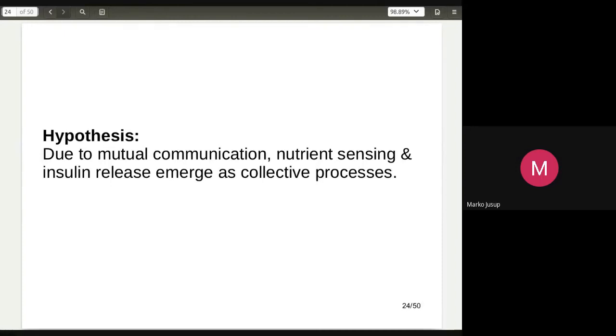Here we are saying that insulin release and nutrient sensing are collective processes, and it's crucial for beta cells to communicate with one another to function properly.